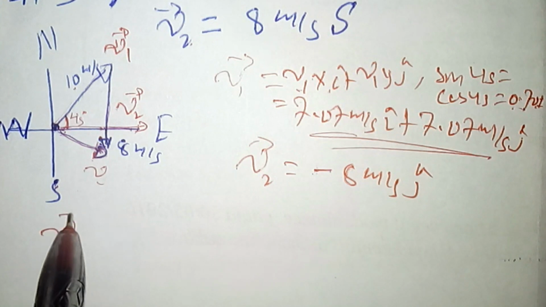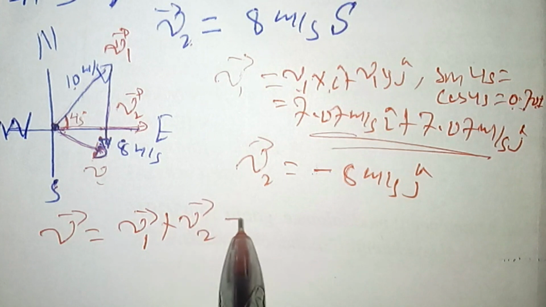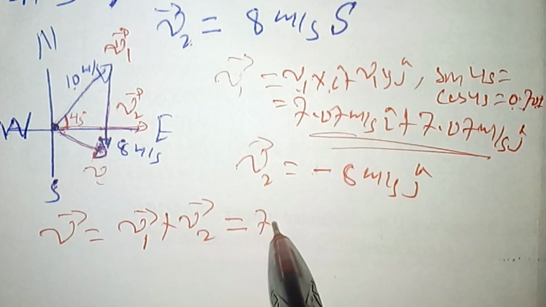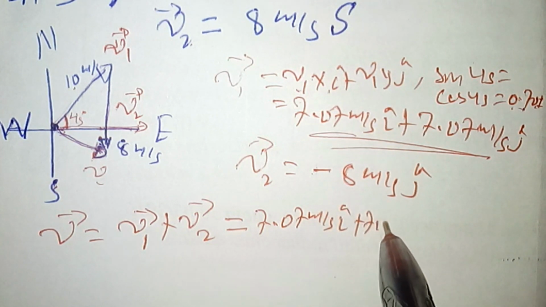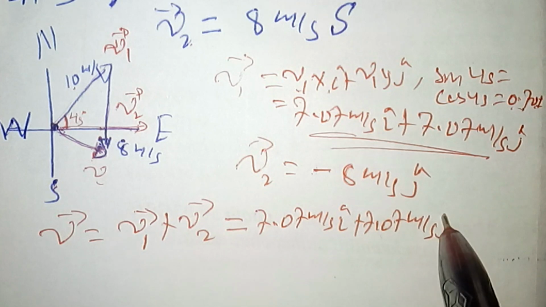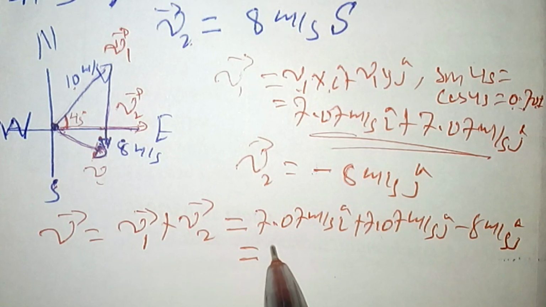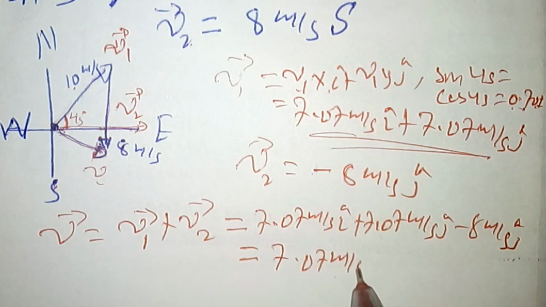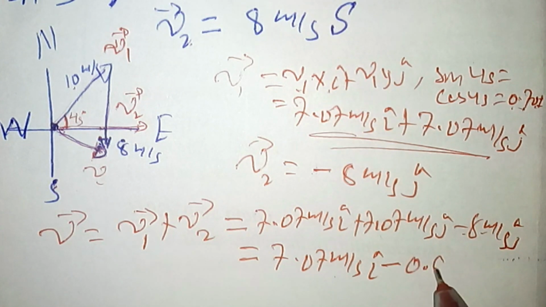Then the total velocity v is the vector sum of v1 and v2, which gives me 7.07 meters per second i plus 7.07 meters per second j minus 8 meters per second j. So this gives me 7.07 meters per second i, and 7.07 minus 8 means I get exactly minus 0.93 meters per second j.